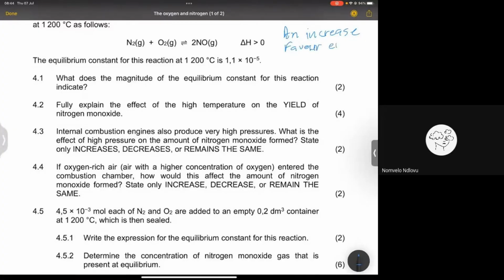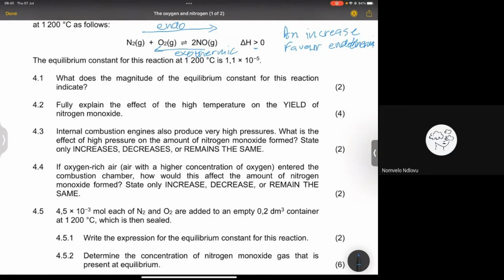the endothermic reaction. Now, in this particular case, which reaction is endothermic? Is it the forward reaction or the reverse reaction? We did say it is the forward reaction. You remember that they said delta H is greater than 0, so the forward reaction is endothermic. But that means the reverse reaction is therefore exothermic. So we know that when we increase the temperature, we will always favor the endothermic reaction.